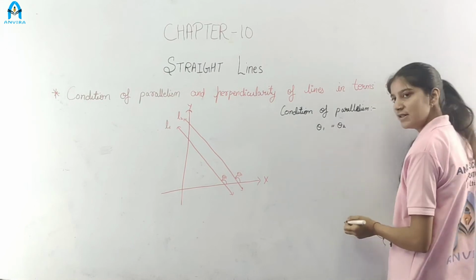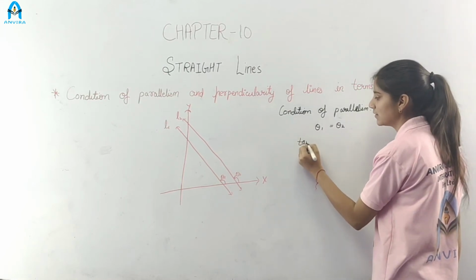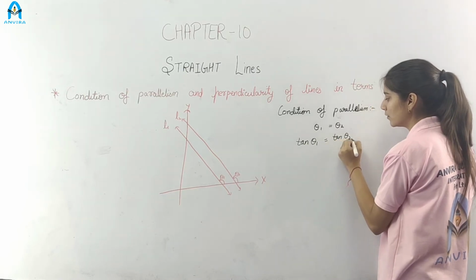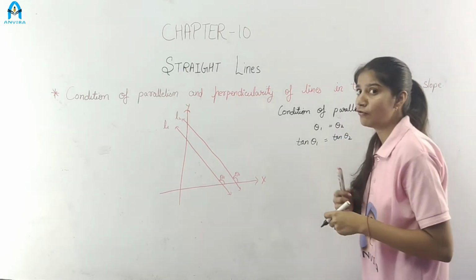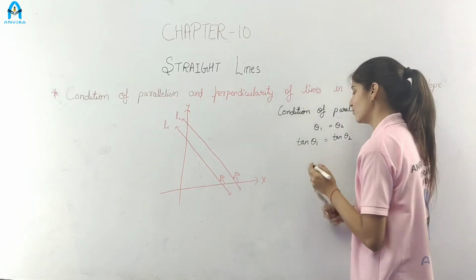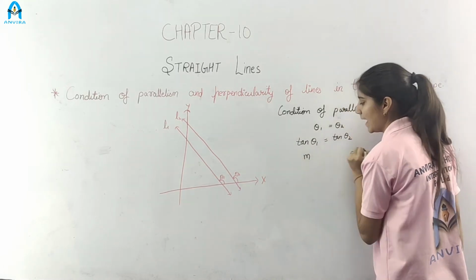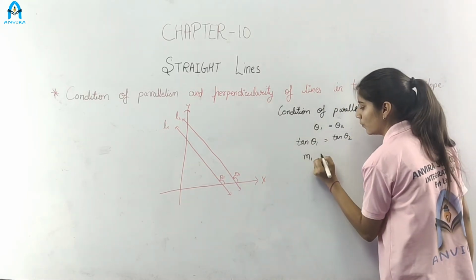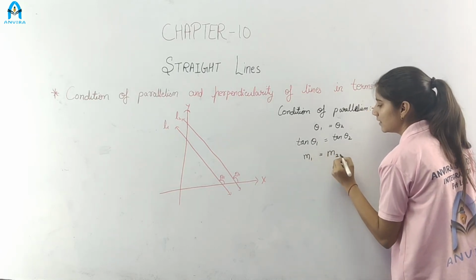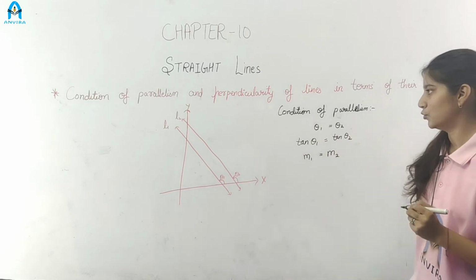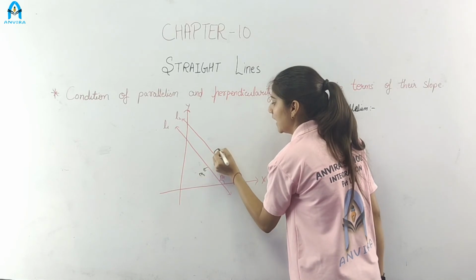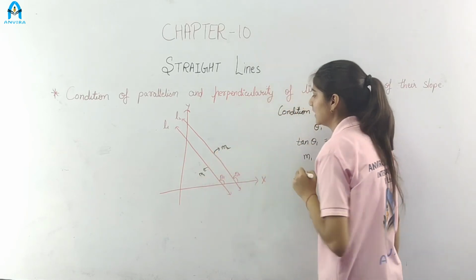If θ1 is equal to θ2, that means tan θ1 is also equal to tan θ2. And we recall from the formula of slope, tan θ is M, that is slope. So I write it as M1 and M2, where M1 is the slope of the first line and M2 is the slope of the second line.